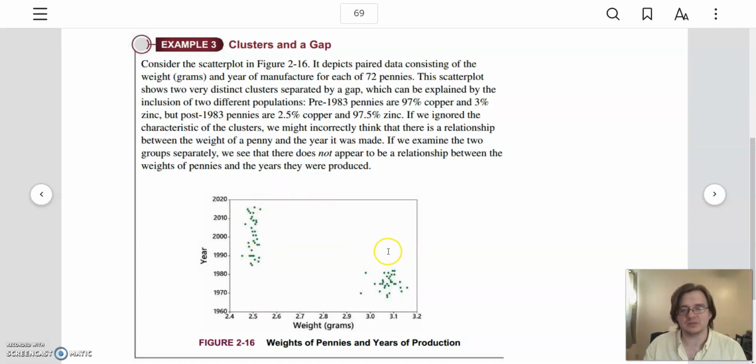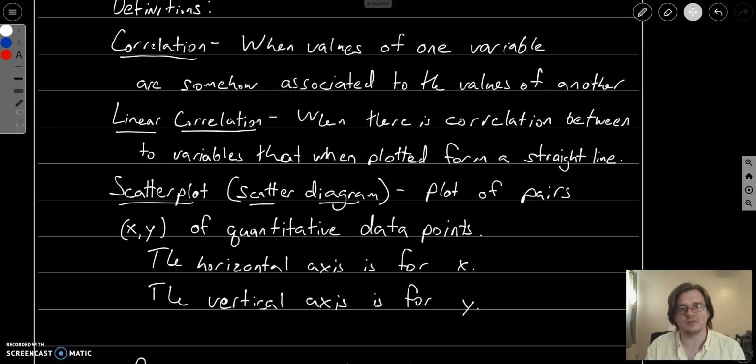So here we can get some information where before and after 1980, maybe the pennies were made differently, would be a potential hypothesis here. These clusters and the gaps in between them can help us learn a lot about how variables may be related to one another.